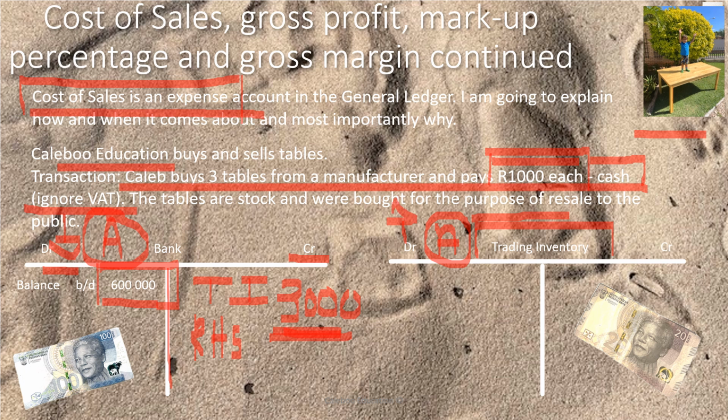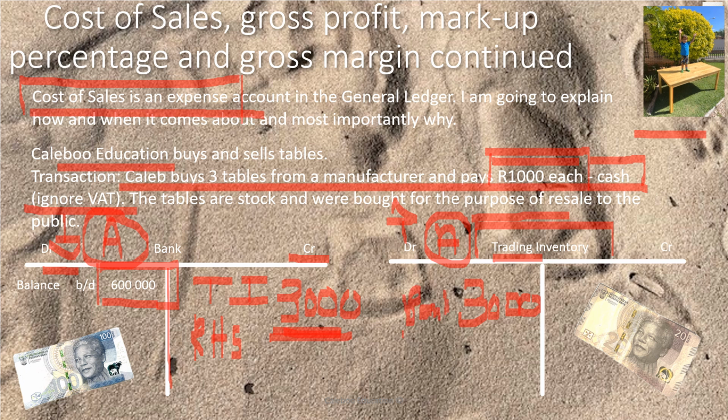So an increase in assets with regard to trading inventory, we've purchased stock, 3 tables, 1,000 Rand each. We now have a current asset trading inventory of 3,000 Rand. The value is 3,000 Rand of our stock.